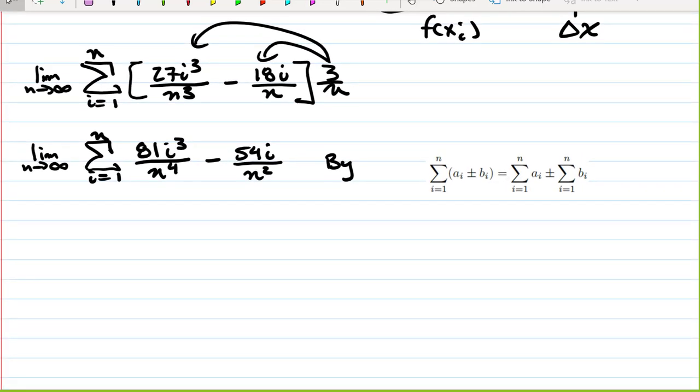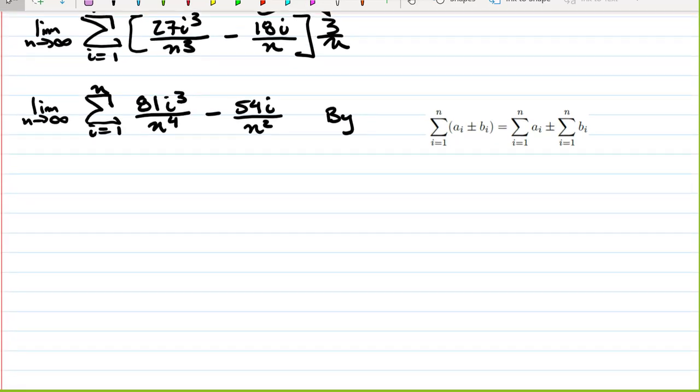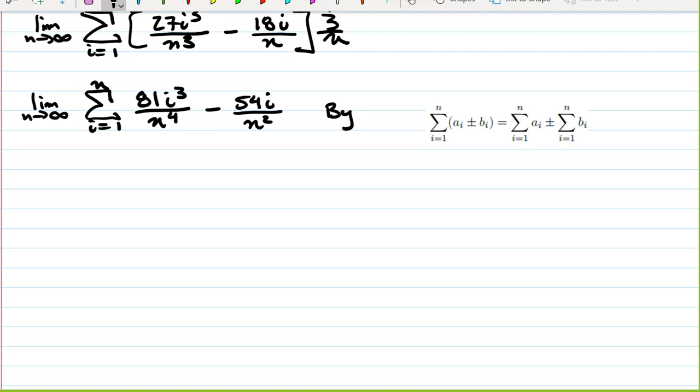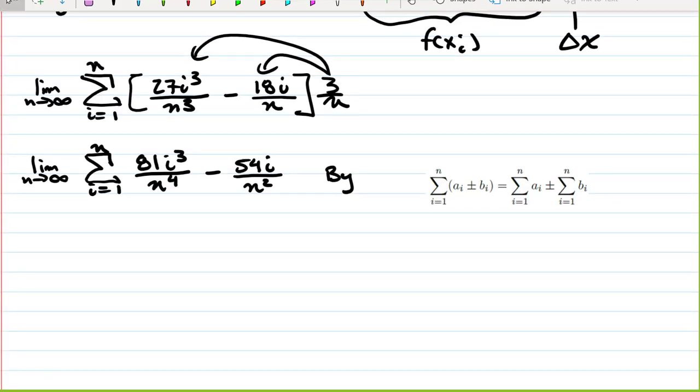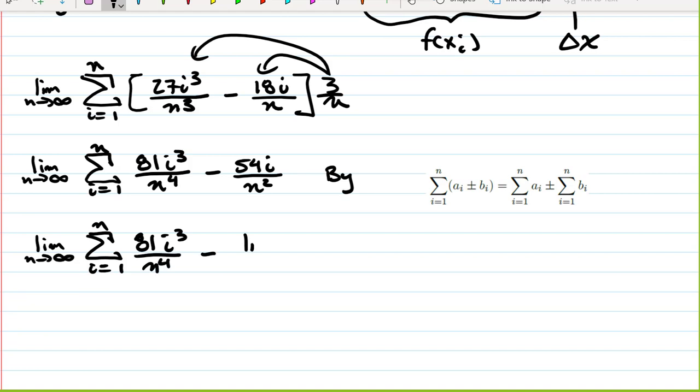So the sum of each of these is going to become, by this property, the limit as n goes to infinity of the sum as i goes from 1 to n of 81 i cubed over n to the 4th minus the limit as n goes to infinity of the sum as i goes from 1 to n of 54i all over n squared.